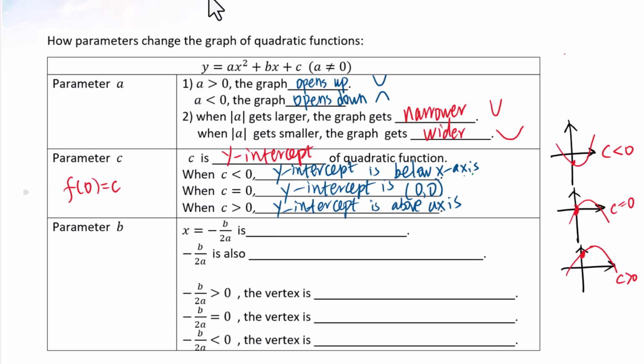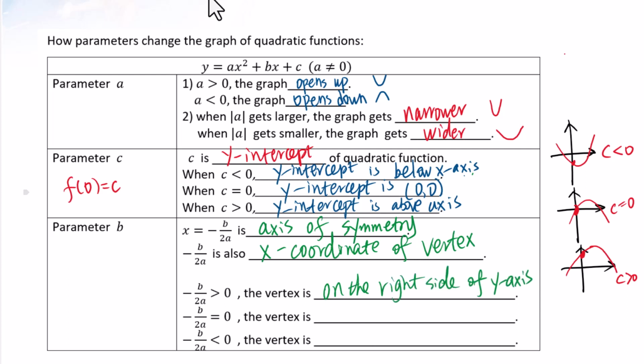For parameter b, it's dealing with the vertex. We do know x equals negative b over 2a is the axis of symmetry. Negative b over 2a is also the x-coordinate of the vertex. Therefore, when negative b over 2a greater than 0, the vertex is on the right side of the y-axis.